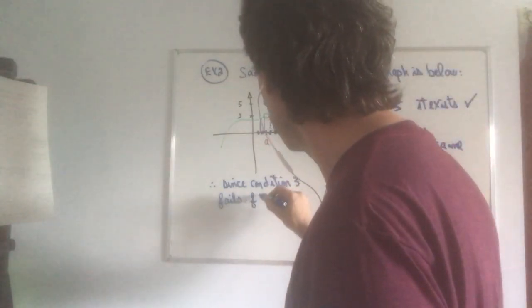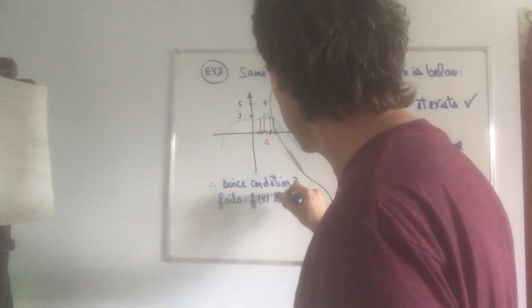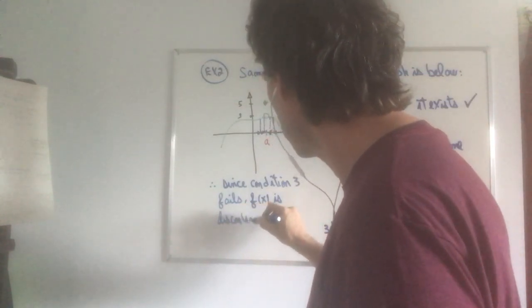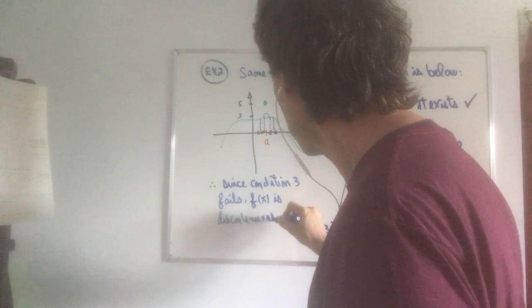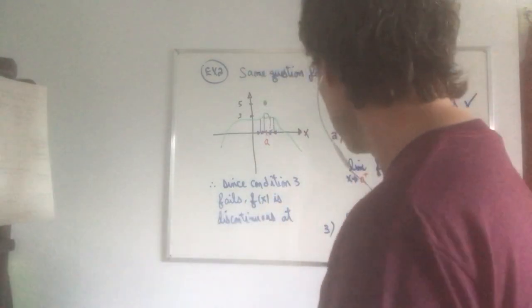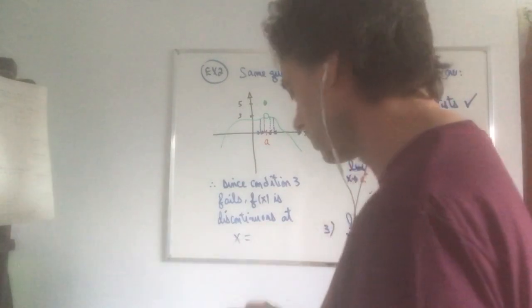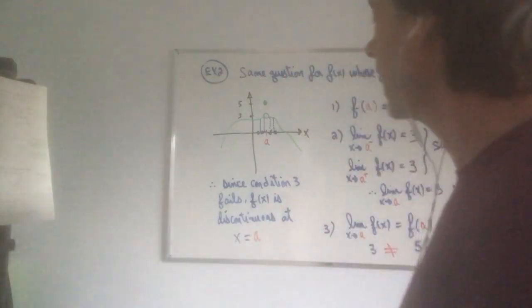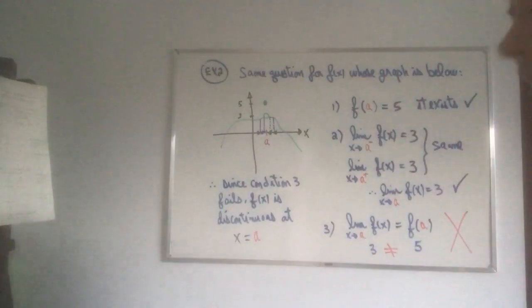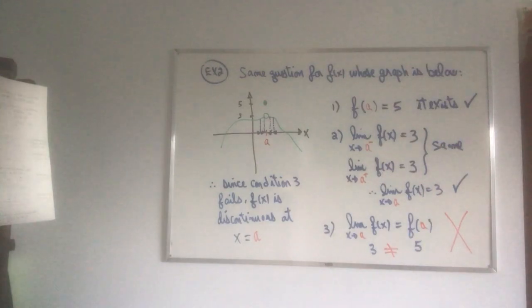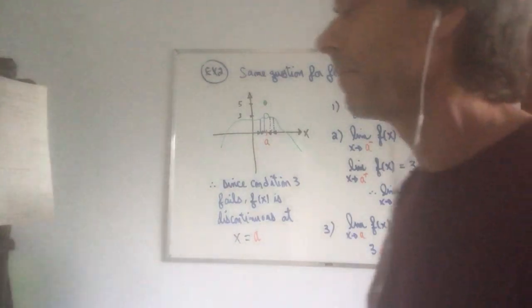So we conclude that f of x is not continuous, or discontinuous, at x equals a from this graph. That's the graphical notion that we need to master at the end of this first video on continuity.